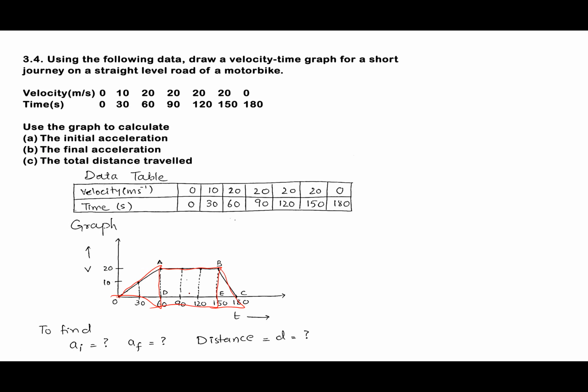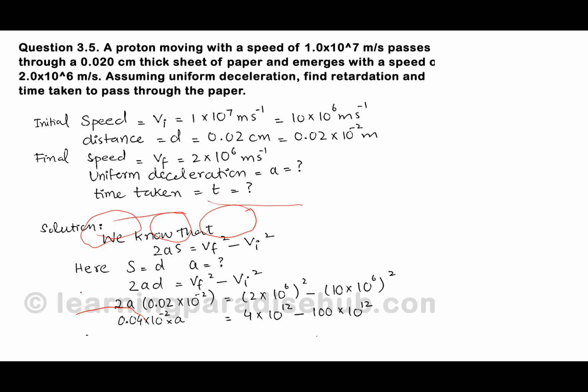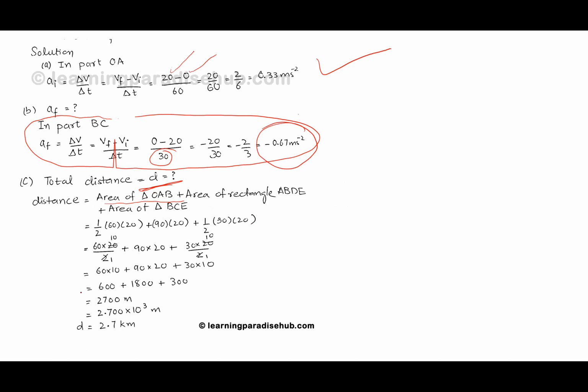We will calculate distance traveled, which is area of triangle, area of rectangle plus area of last triangle. This is the formula of area of triangle. This is the formula of rectangle. This is the formula of triangle. You will get the actual value. Or otherwise, do it as home assignment.